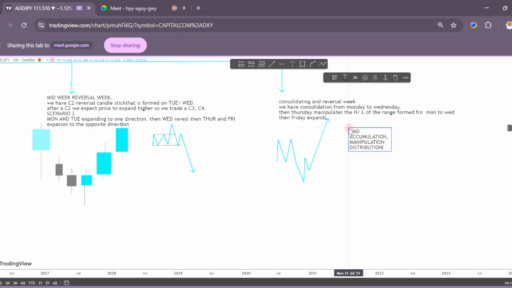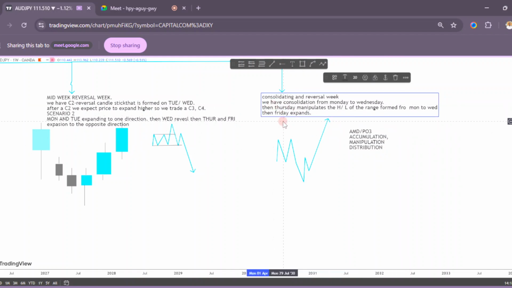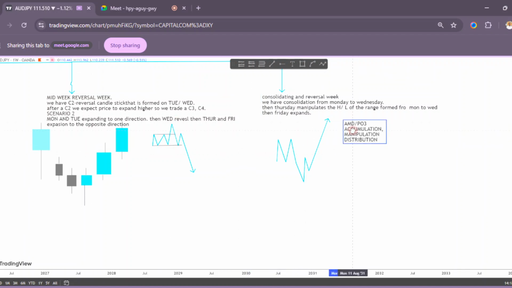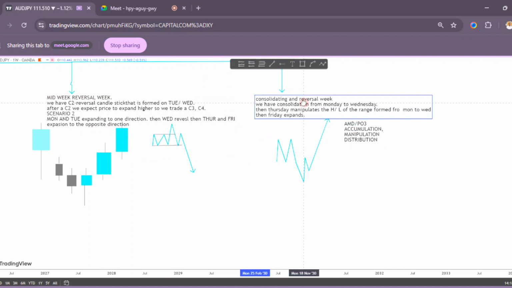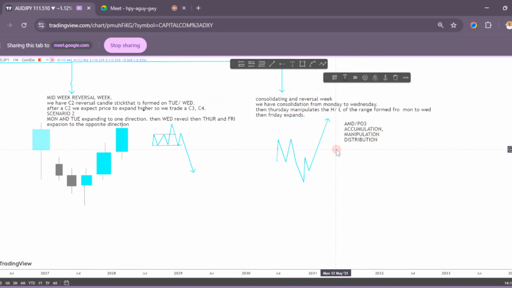If you ever hear someone say AMD or the power of 3, PO3, this is what we are going to use after our daily profiling. Now here we are discussing our weekly profile, basically how we form a weekly candle. When we look at how a daily candle is formed, we shall be referring to this AMD. So this is a consolidating and reversal week.